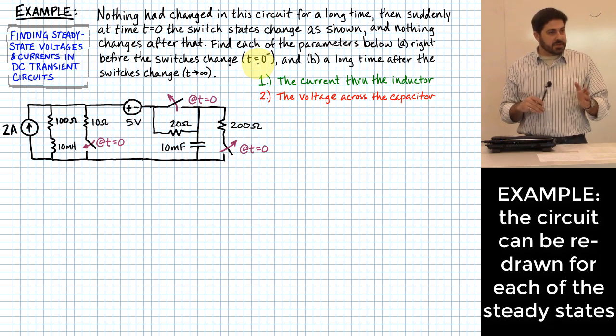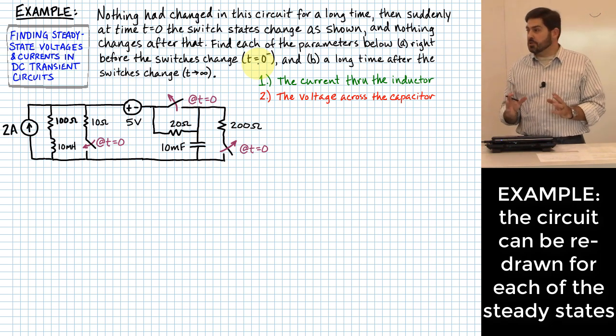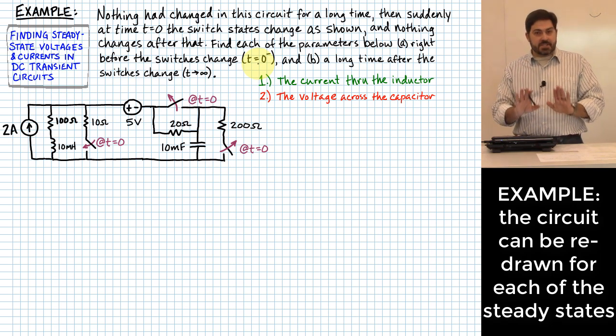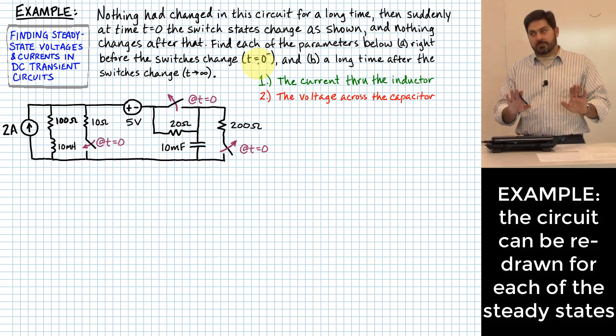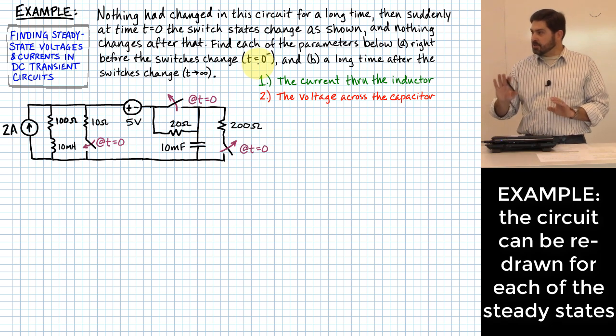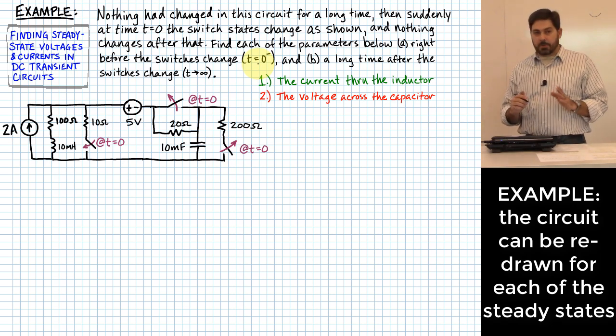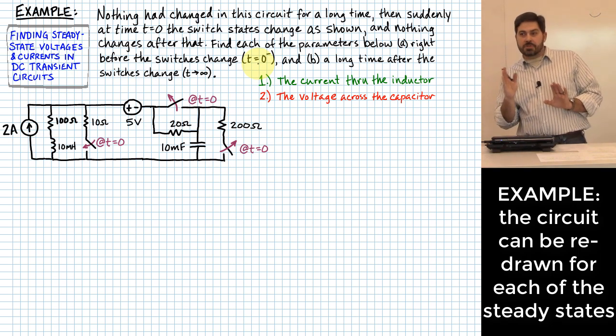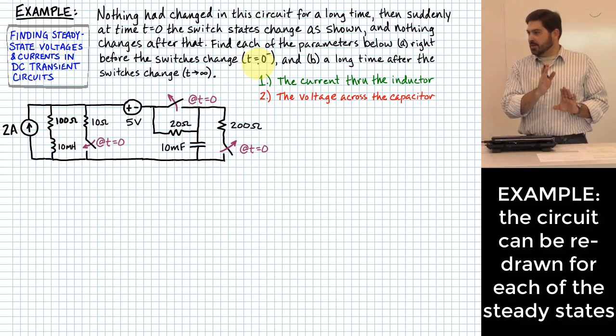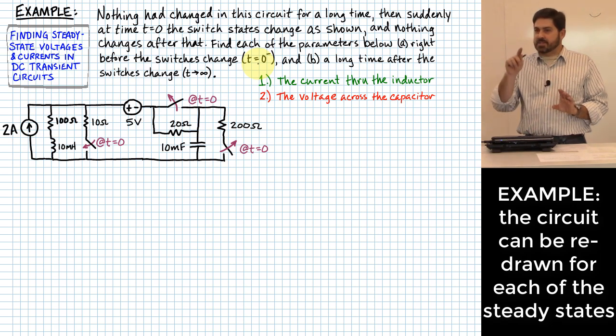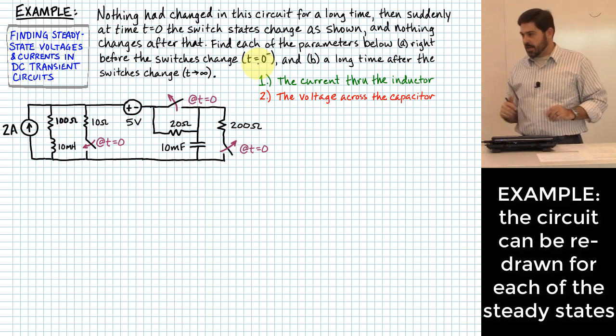How about this? Because we know we can do some substitutions, right? We're dealing with two steady states of this circuit. And when it's in steady state, we can treat inductors like short circuits and capacitors like open circuits. So I propose that we identify what the steady state of this circuit was before time 0, and then at time approaching infinity, what the new steady state will be like.